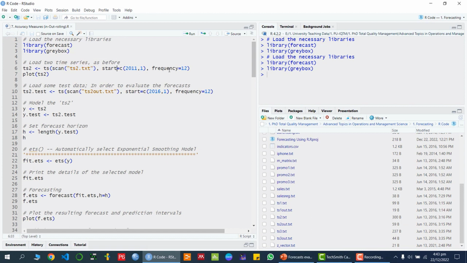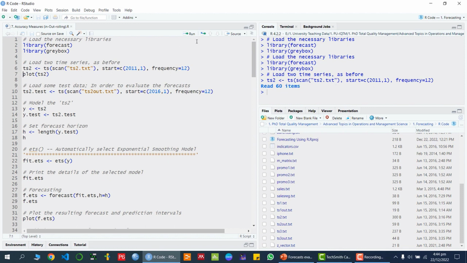Then I am saying this is monthly data and the starting point is January 2011, so I am mentioning the start value is January 2011 and the frequency is 12, because in one year we have 12 months. Then I am saying convert into TS, which means time series data. After converting into the time series, we store it in the TS2 variable, and these are the 60 observations.